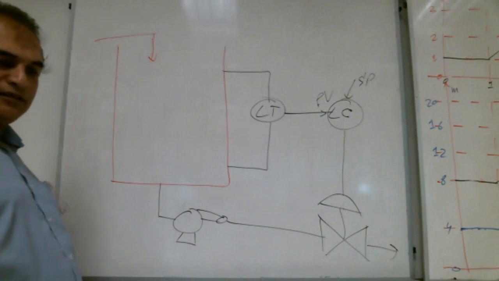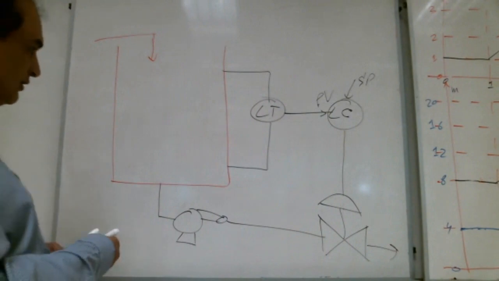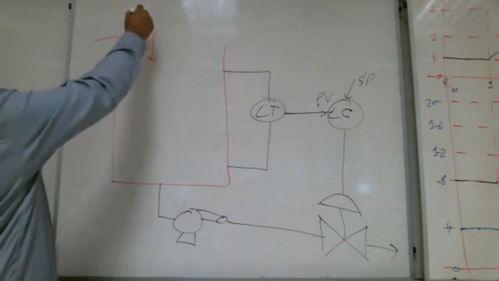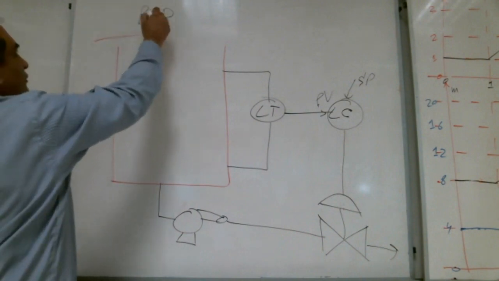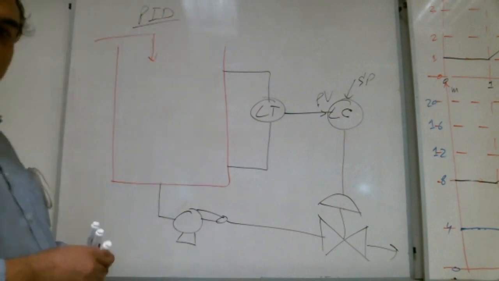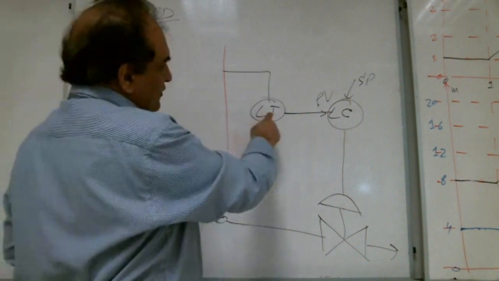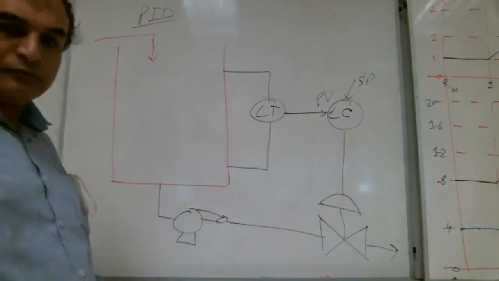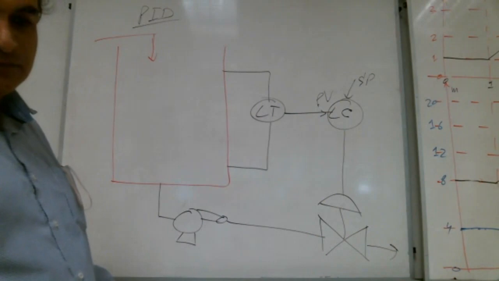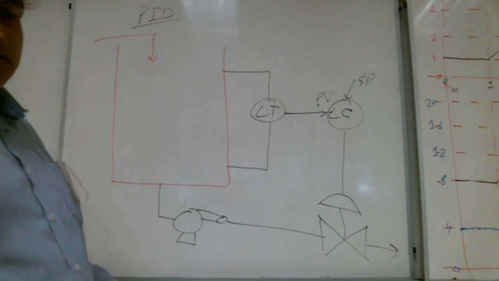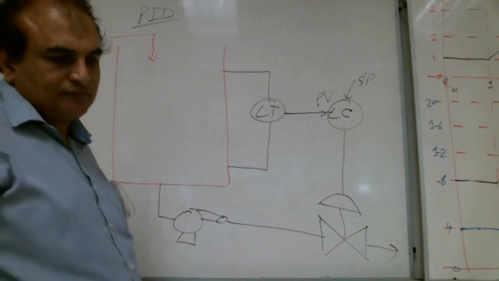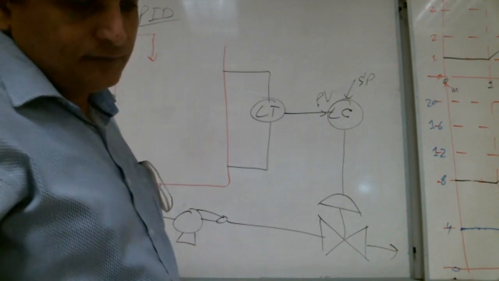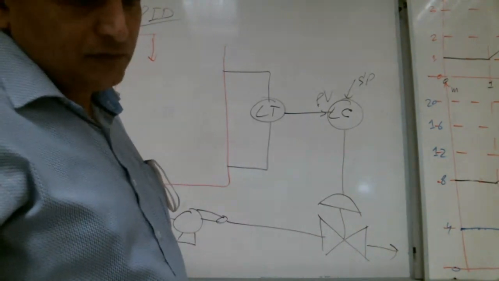Is it PID diagram, Shabab? No, it is not a PID diagram. Output of the level transmitter is what? Yes, Shabab, what is the output of the level transmitter? Pneumatic?